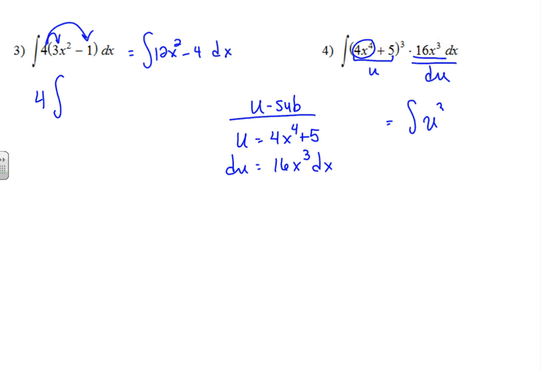U to the third du equals, the integral would be u to the fourth divided by 4 plus c. Now let's switch it back into x's by back subbing what u was equal to. 4x to the fourth plus 5, raised to the fourth, over 4, plus a c. And we're done with that problem.